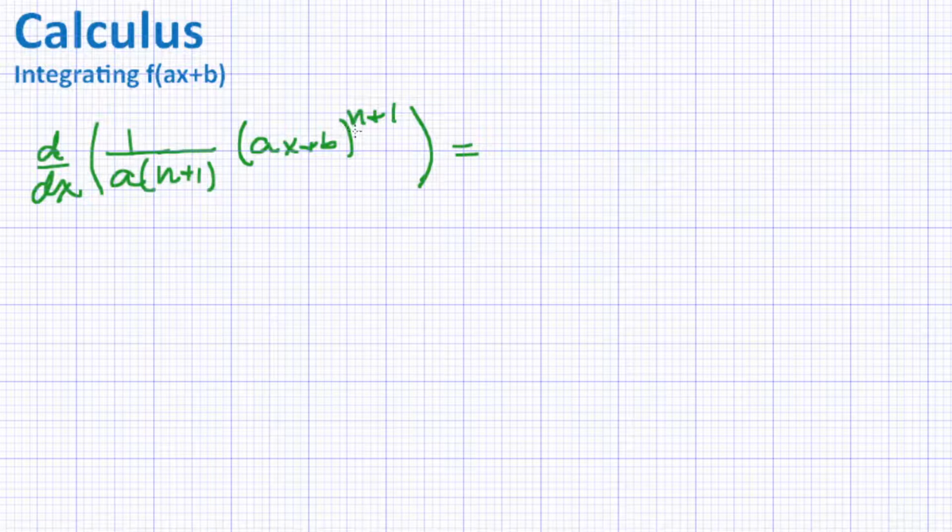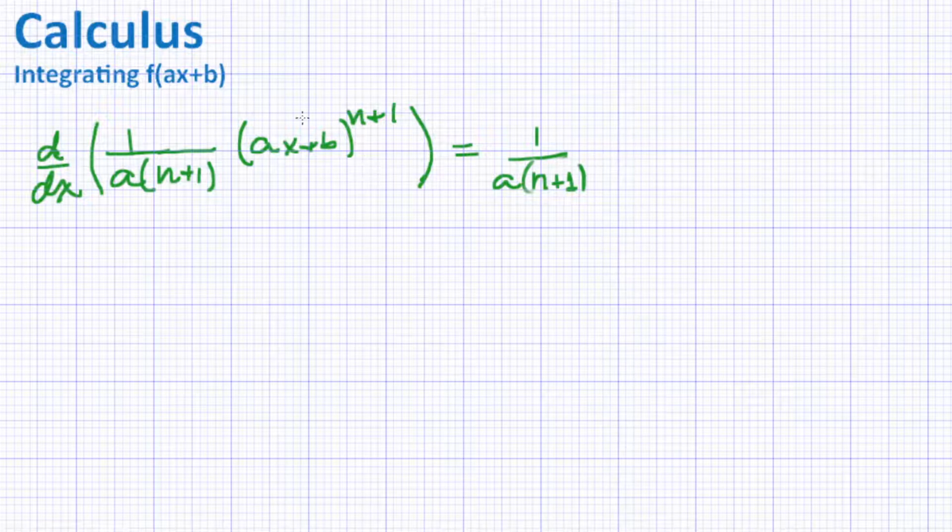Well, once again, a is a constant, and a is also a constant, and b here inside is also a constant. So all of those here, I could just bring them out of our derivative. So a, which multiplies n plus 1.